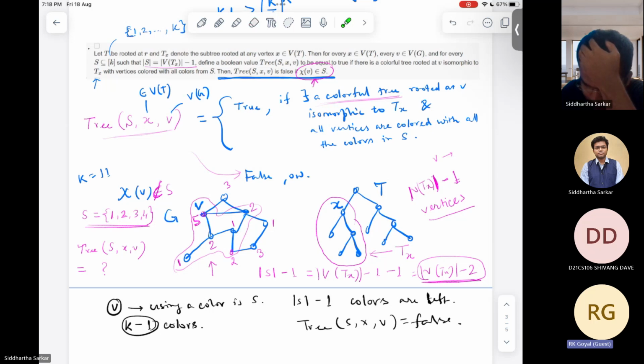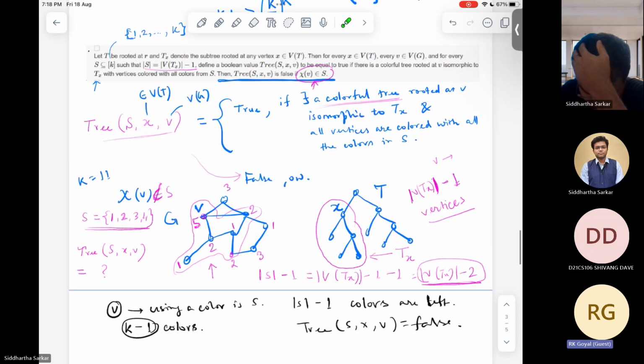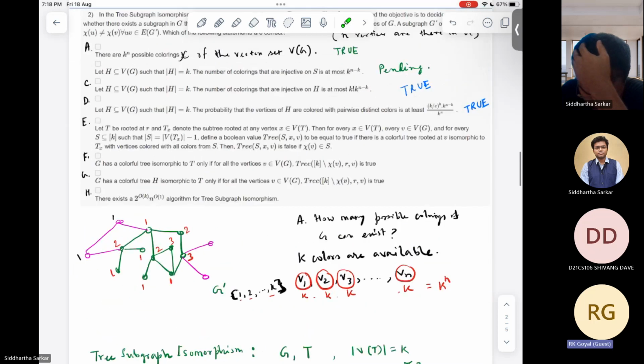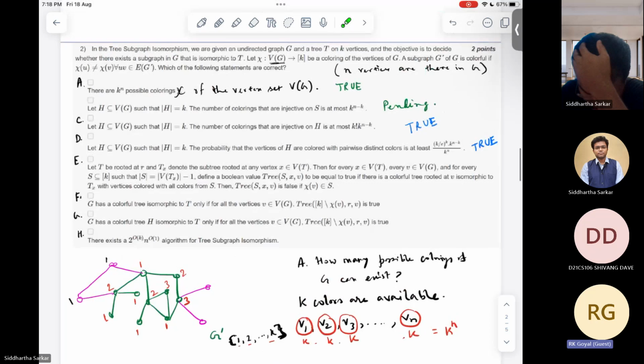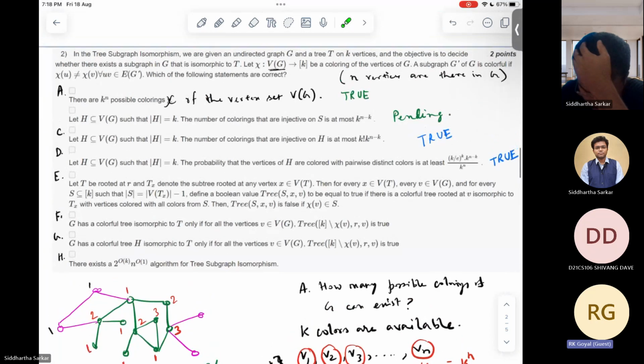Because what do we want to show here actually? Can you go back to the question and see what we want to show is false? Okay. So it is false if x, v is an element of... yes, yes.